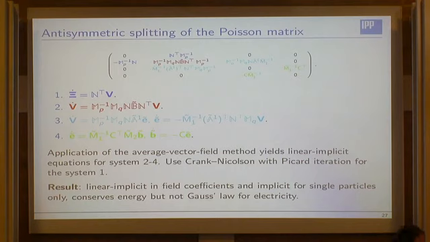Well, you have to do a little bit of nonlinear iterations here because, again, in the first line, you have this dependence of this n matrix on psi. So here we do some Picard iterations, but typically we need a few iterations. It's not too hard.